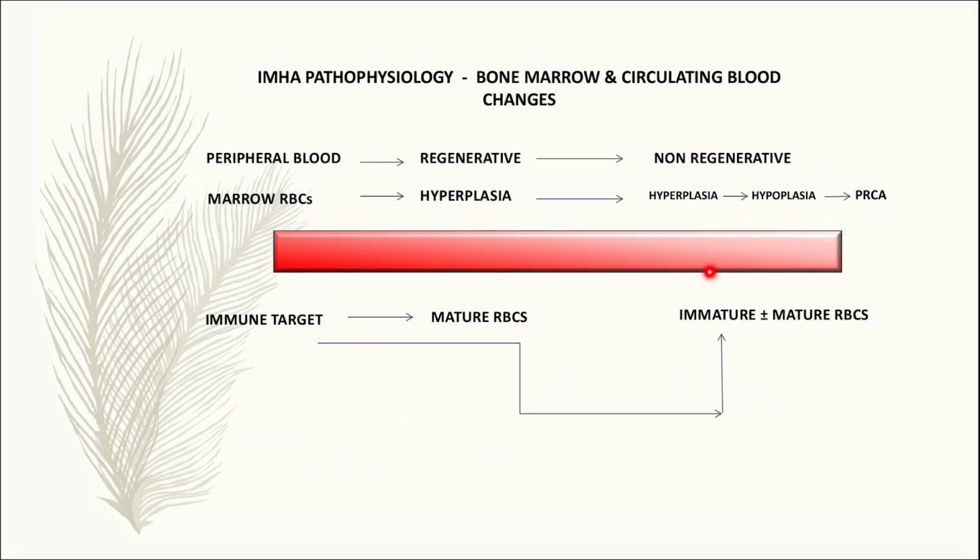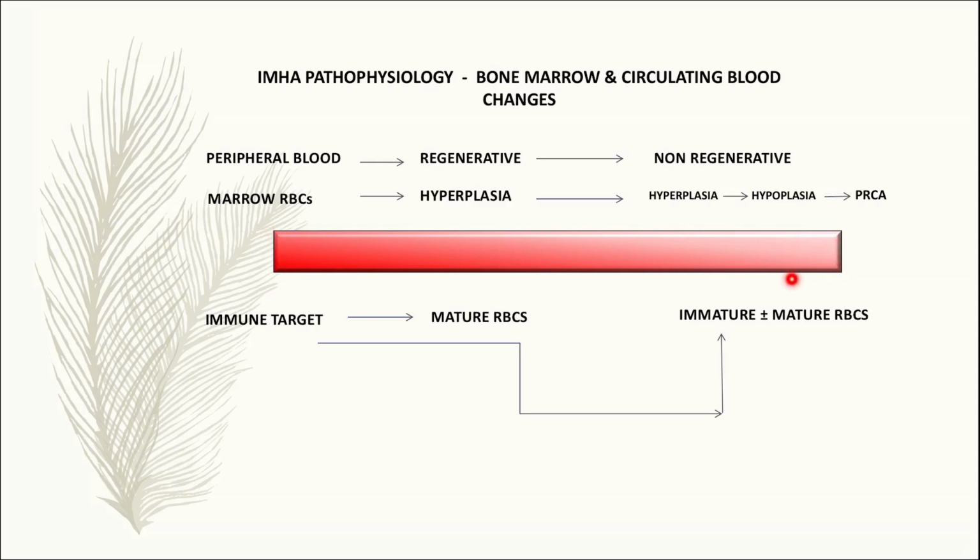And this is the diagram to explain the pathophysiology from a normal bone marrow, normal blood smear, to how regenerative anemia becomes non-regenerative anemia. We are going to see all the mechanisms in this one diagram. So this is the rectangular box.